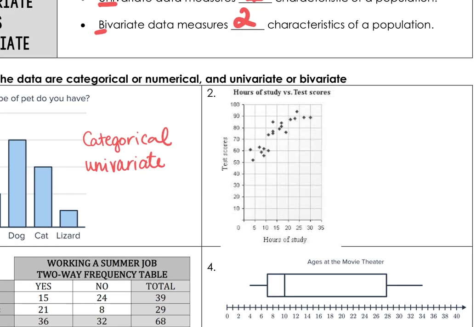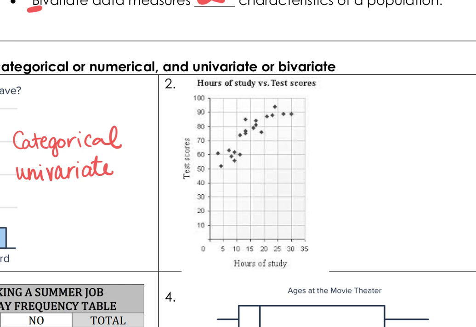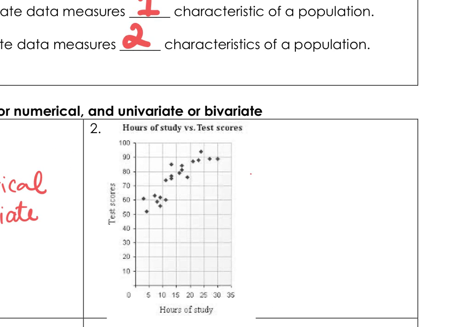Number 2, we've got a scatter plot, and we are looking at the number of hours studied and the test score that you received. So is this data numerical or a category? Numerical. Number of hours, score on a test, that's all numbers. So this is numerical data that we are collecting here.